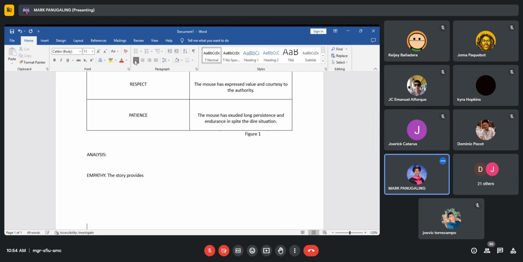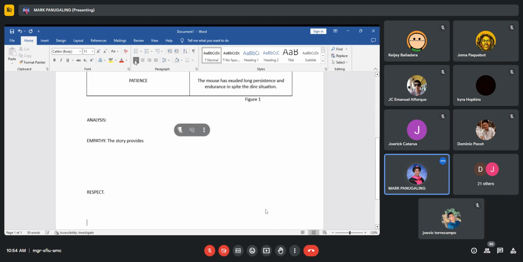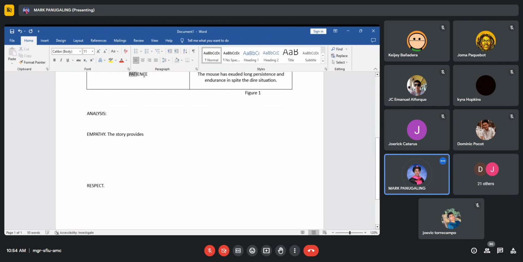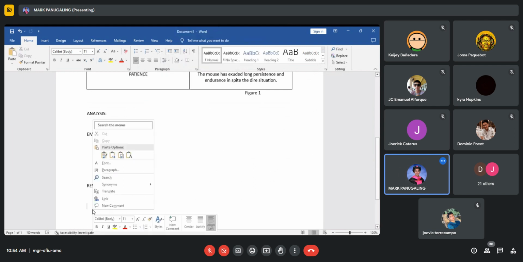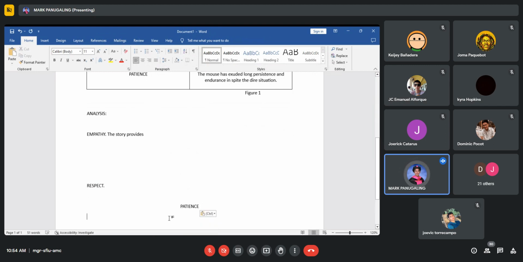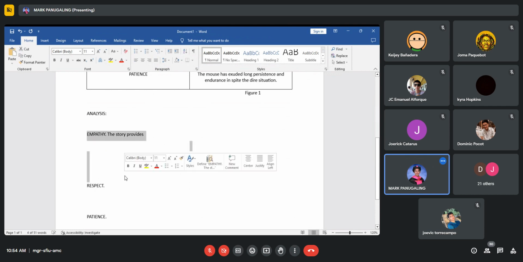Respect. Now you can tell us about the story here. That's what I said to you. This is where now you discuss. By the way, everybody, this is to be put in the results and discussion. So to tailor fit, to adjust to what you have written in your statement of the problem, and then explain very long, empathy, 3 to 5 paragraphs about what you said here above.